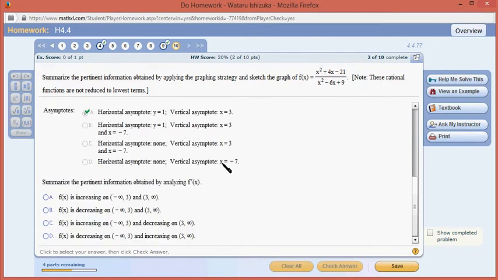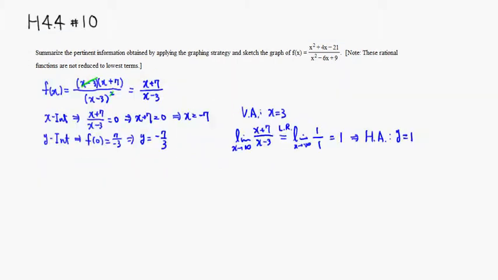I got that. Then we have to look at the first derivative. We take the first derivative of this function because we already simplified it. It's going to be the quotient rule. Square the bottom, x minus 3 squared.